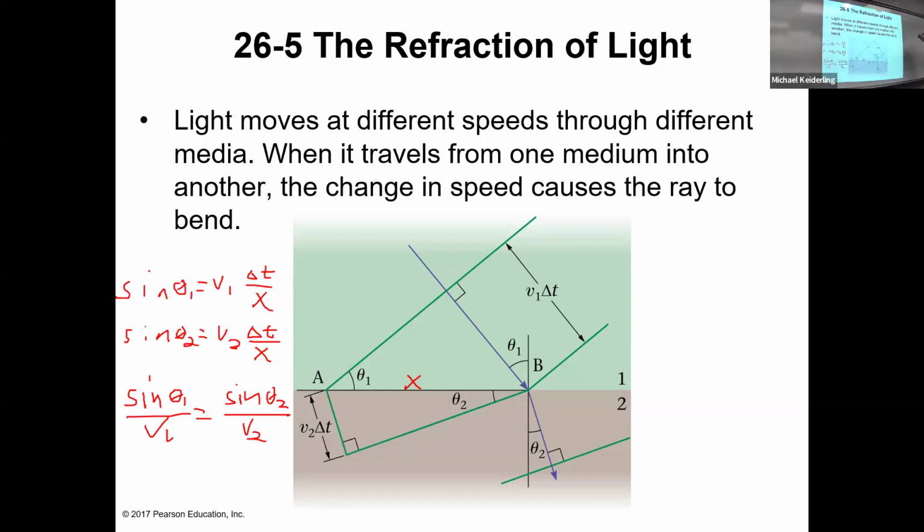And this leads to sine of theta 1 over velocity 1 equals sine of theta 2 over velocity 2.